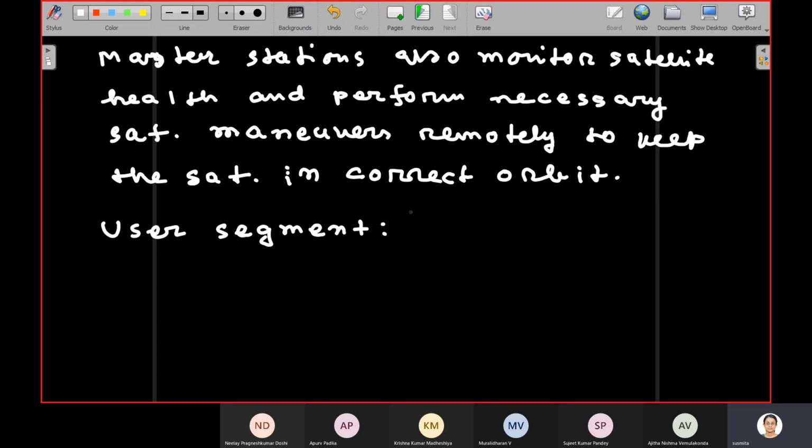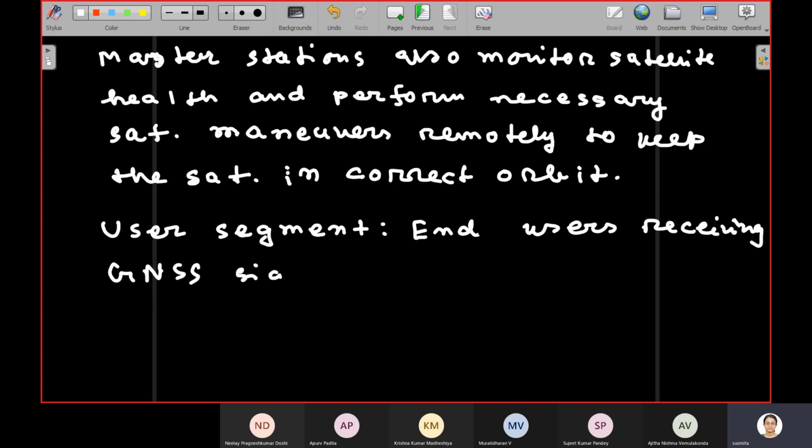So the user segment basically comprises the end users, receiving GNSS signals to determine PVT.